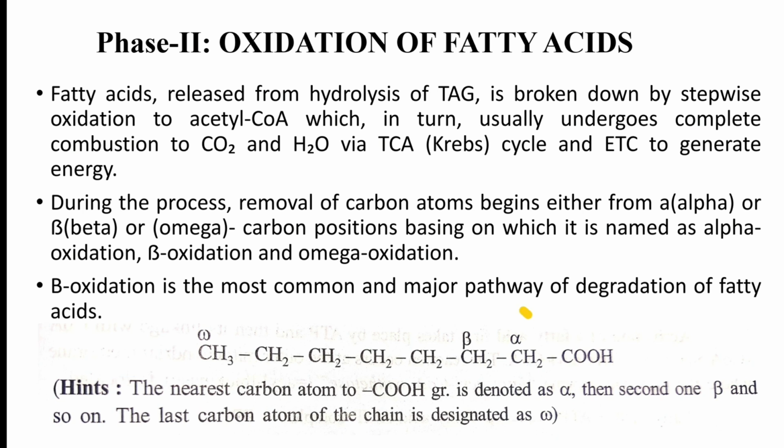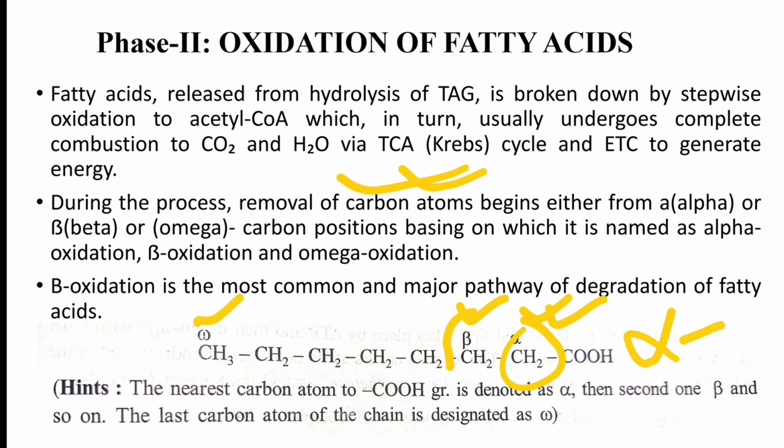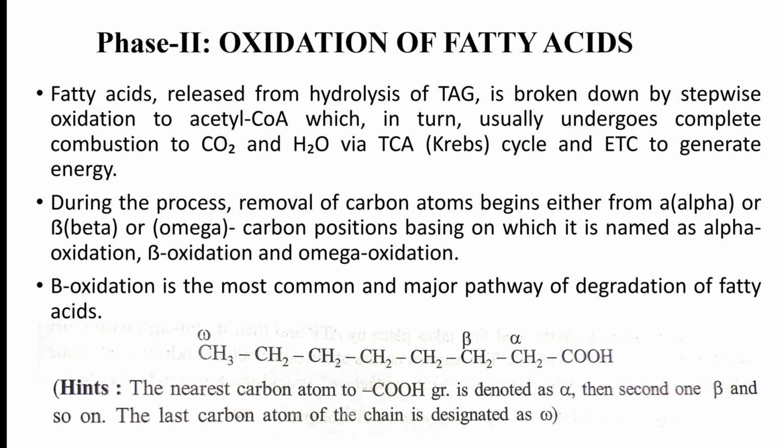If the carbon is removed from the alpha position, it is known as alpha oxidation. When the carbon is removed from the beta position, it is known as beta oxidation, and when the terminal carbon is removed, it is known as omega oxidation.